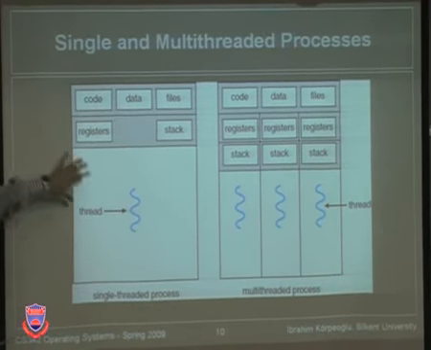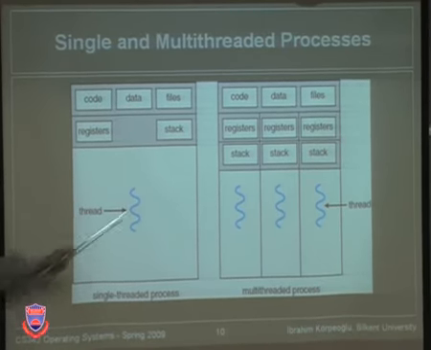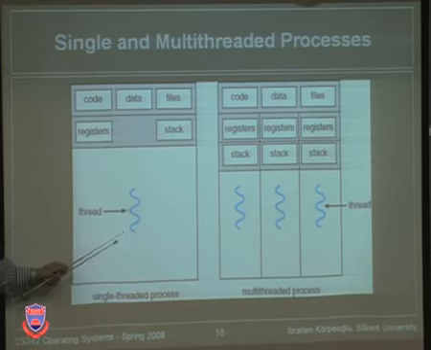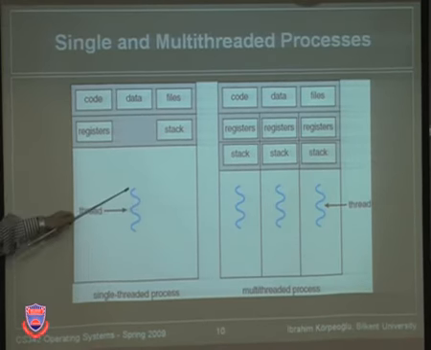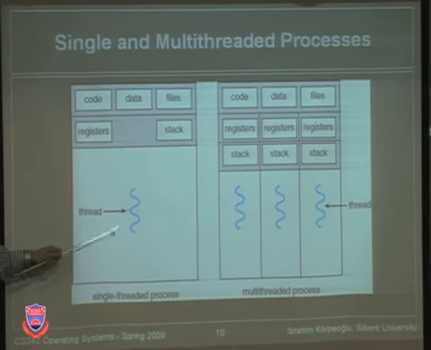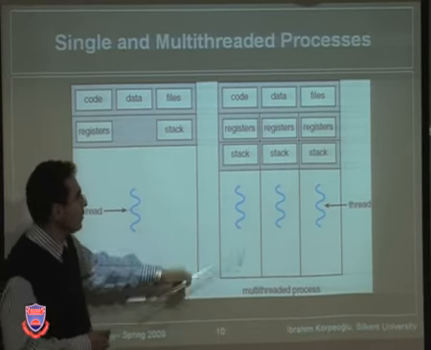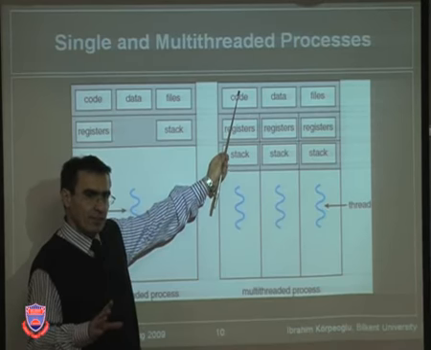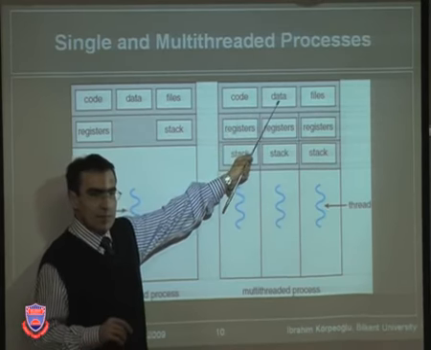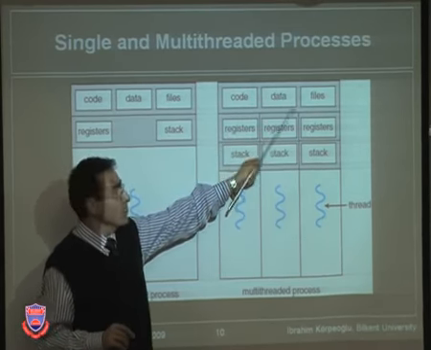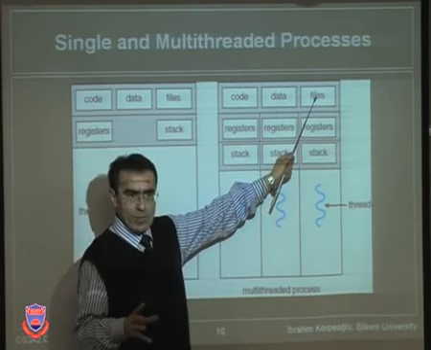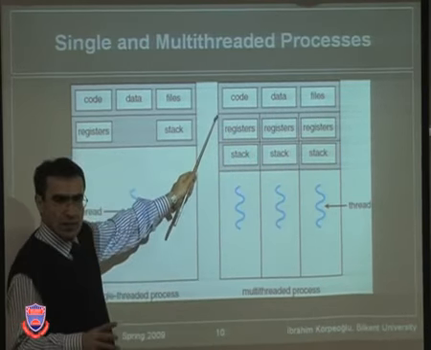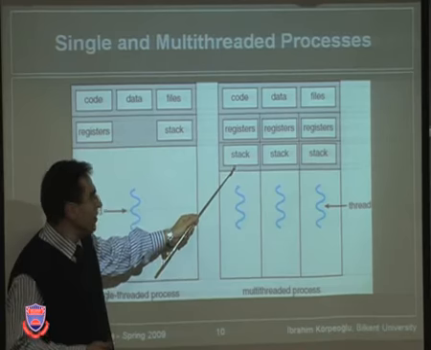So this is the process address space, and the execution flow of the sequence of instruction execution as part of the process is represented by a thread, okay? But in a multi-threaded process, we have the same code, one code, same set of instructions, one program, same set of global variables, same set of open files, and so on. They are all shared among the different activities, the different threads that are created.